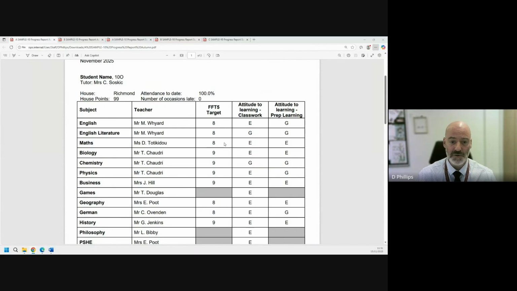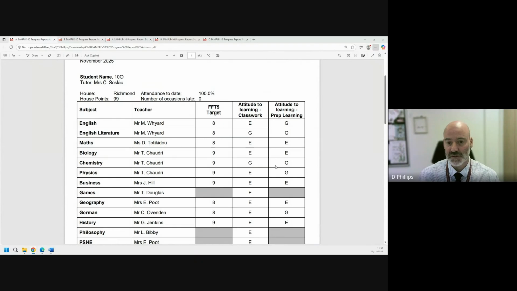So they are applicable to creative subjects as well as the more traditional academic leaning subjects like your Maths, your English, your science, etc. So this student has a particularly high number of FFT5 targets, all 8s and 9s. So that student obviously would be expecting to achieve really high scores as they go through their GCSE years. The attitude to learning grades remain unchanged.